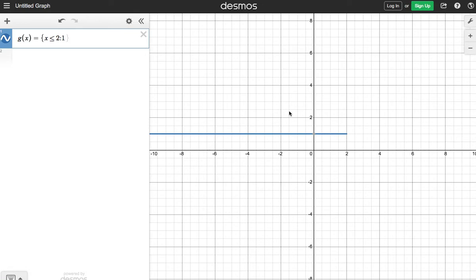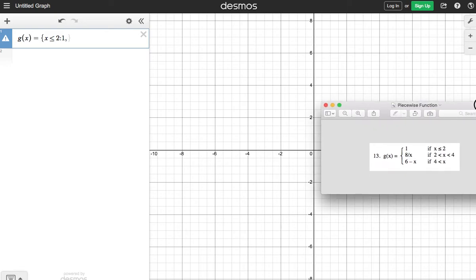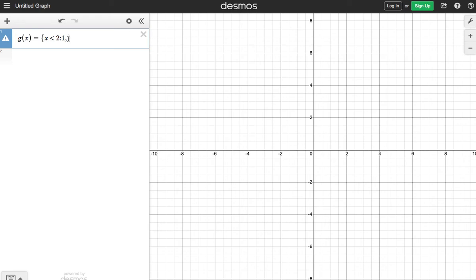To enter the next part of your piece, you can put a comma. Okay, so for the next piece, if I go back to the function itself, we're now strictly between 2 and 4. So I'm going to put this condition next. All right, so I'll go back to my function. I'll put 2 less than x less than 4.